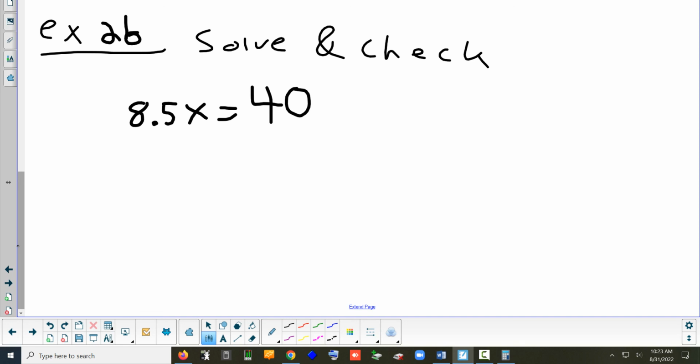So, Mia, since it's the same case, what operation am I going to use to solve it? We're going to use division. And Alex, can you tell me what I would divide both sides by to get x by itself? 8.5.